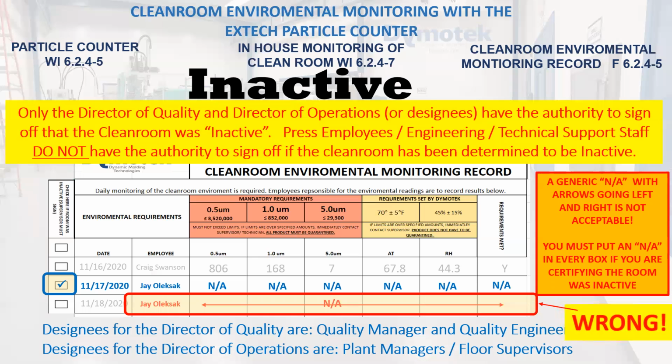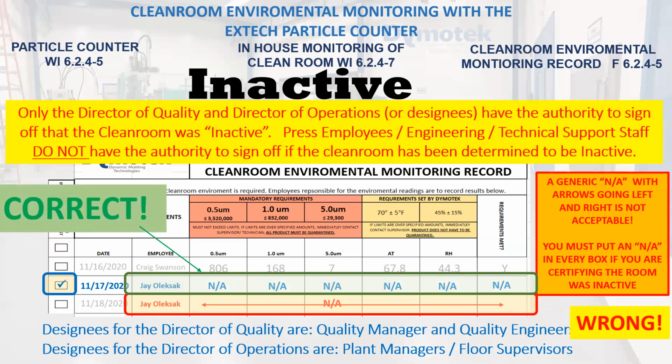A generic NA with the arrows going left to right is not acceptable. You must put an NA in every box if you are certifying the room was inactive. This is the correct way to sign off if the room was inactive.